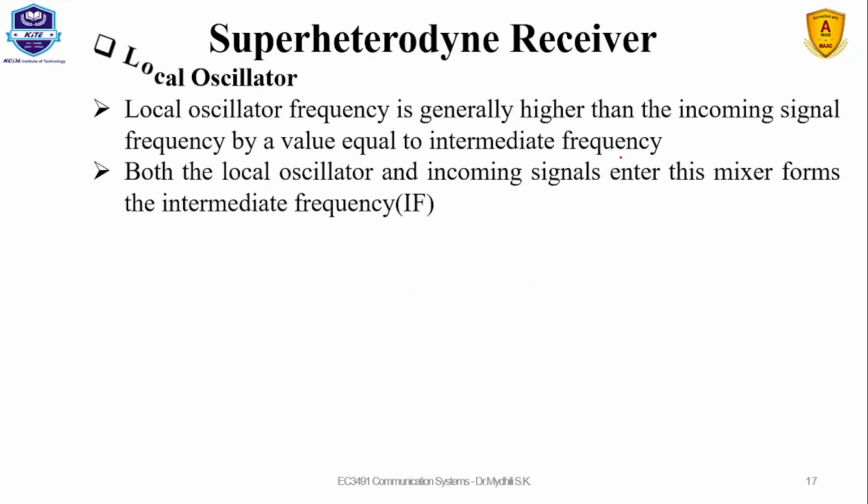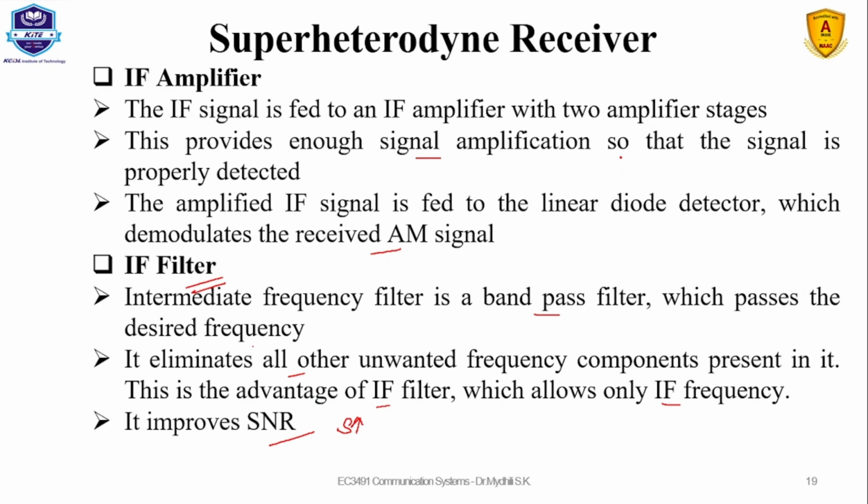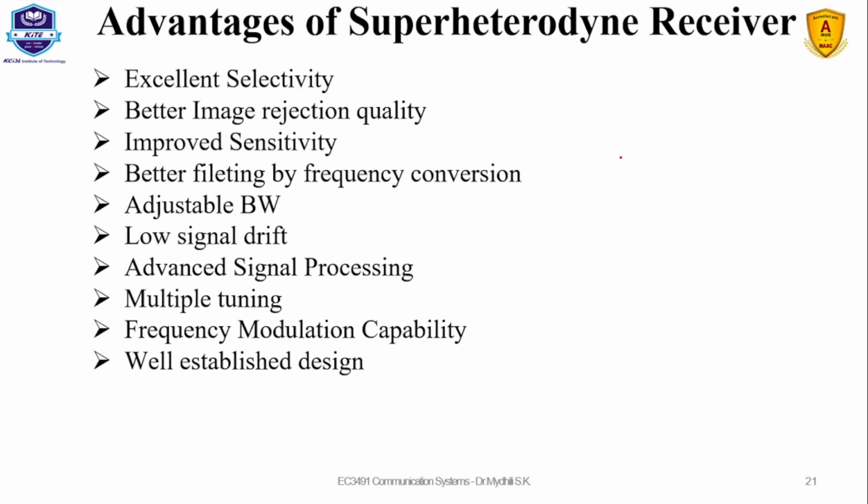Right. Now coming to the application part or advantages of the superheterodyne receiver, it has excellent selectivity and better image rejection quality. That's why I explained about the image frequency.